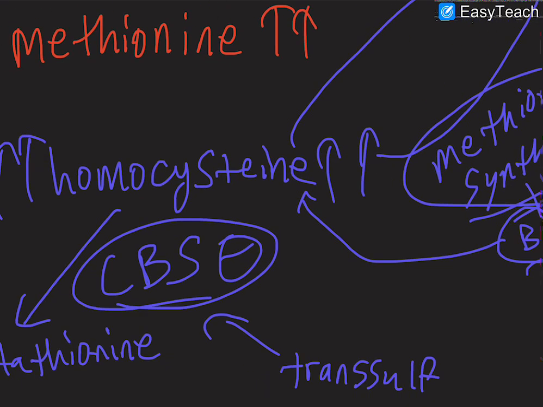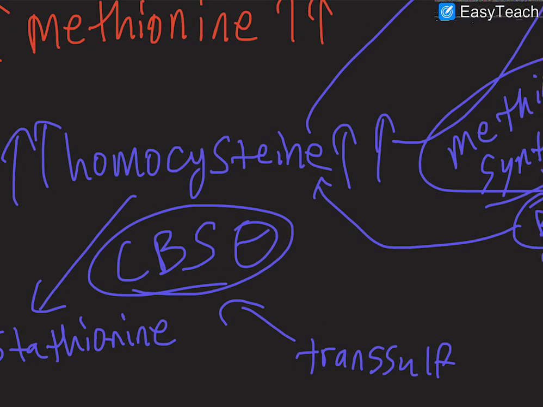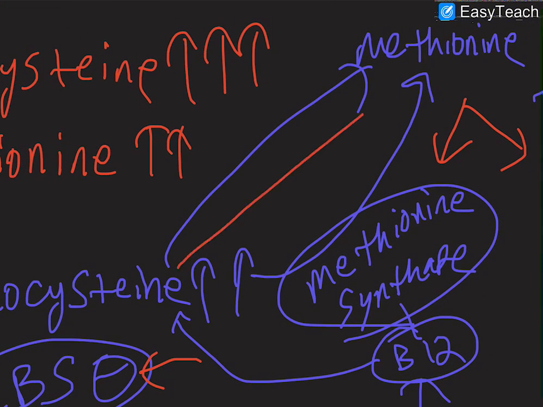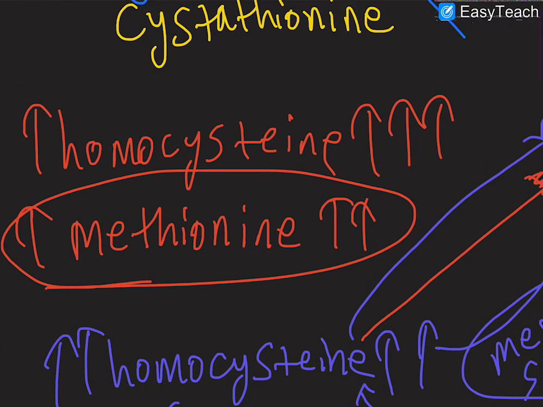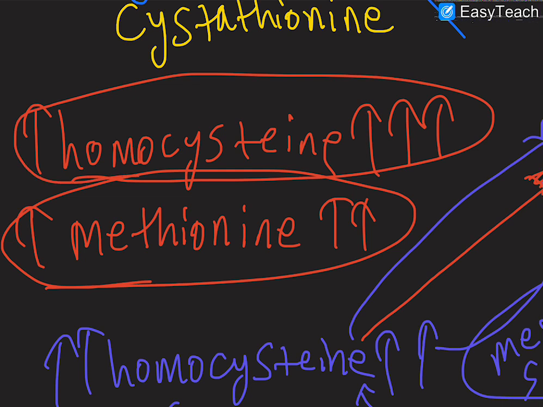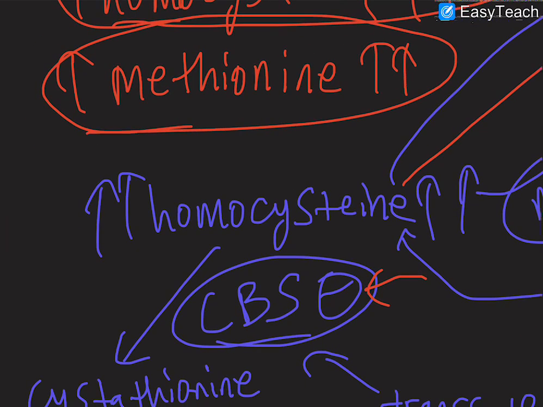If all of this is functional, then the excessive buildup of homocysteine due to dysfunctional cystathionine beta synthase will just get shunted toward this pathway, and you'll make a lot of methionine. So that's why methionine and homocysteine levels will both be elevated in homocystinuria. What about cysteine levels?